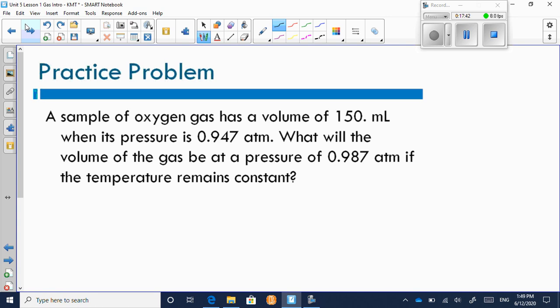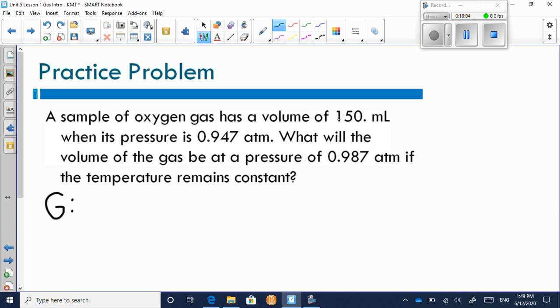It says a sample of gas has a volume of 150 milliliters when its pressure is 0.947 atm. What will the volume of the gas be at a new pressure? So you've changed the pressure and the temperature has remained constant. So here we go. Let's start our question.